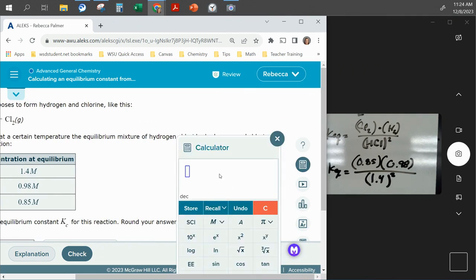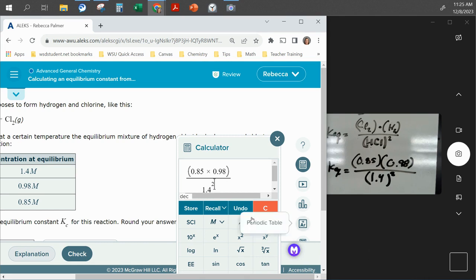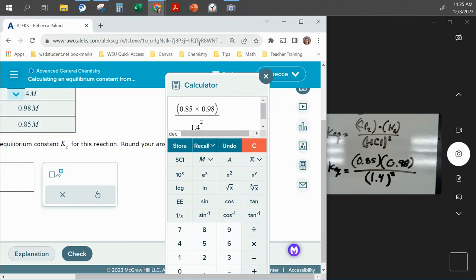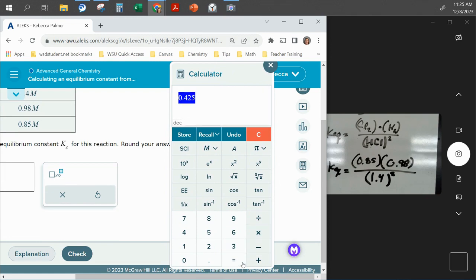So then we're going to type in here 0.85 times 0.98, and then all divided by 1.4 squared. And then your calculator equals.